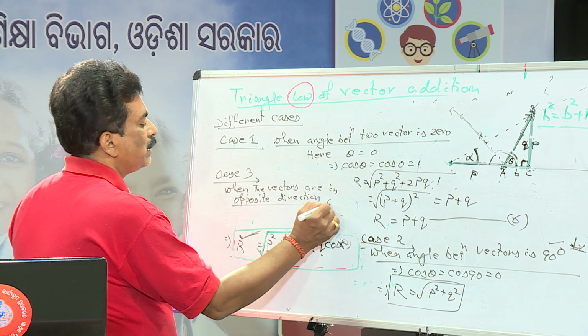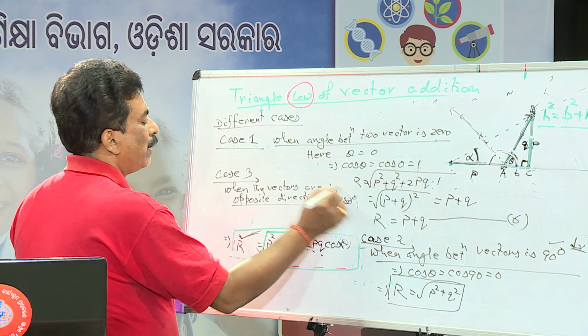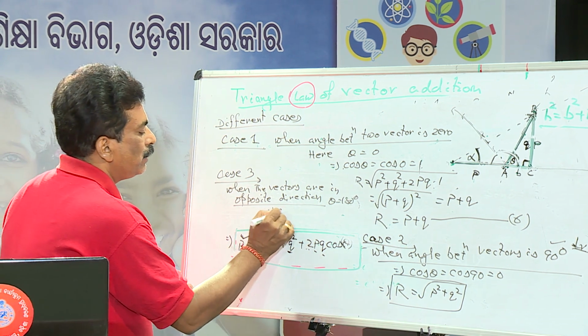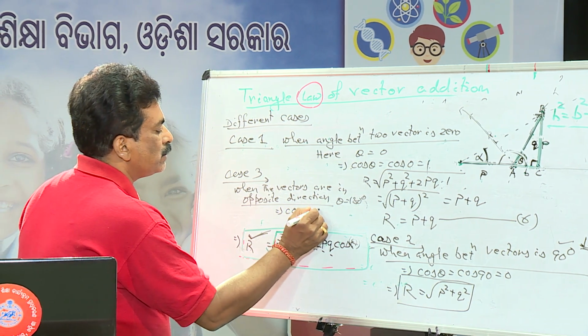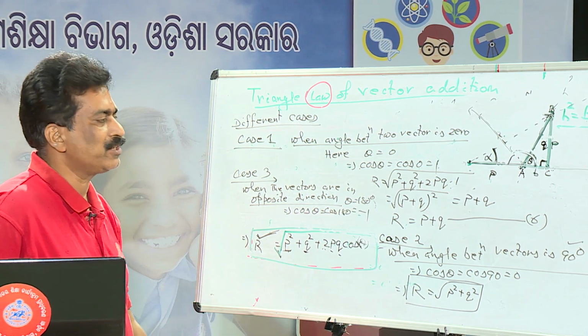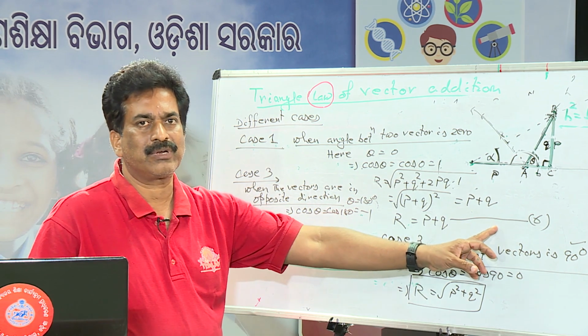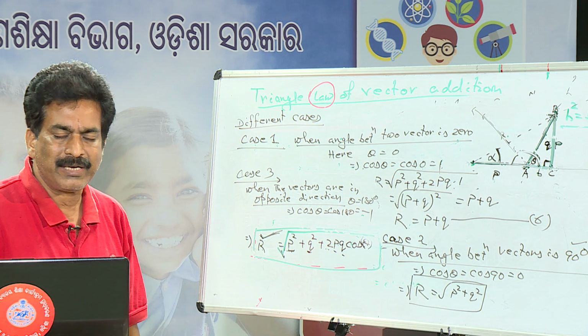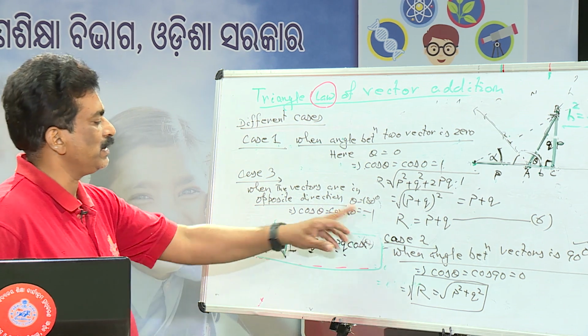Opposite direction means theta is equal to 180 degrees. When theta is equal to 180 degrees, cos theta is equal to cos 180. Cos 180 is how much? Minus 1. As you have seen on the graph, from 90 to 180, cos is negative. So that is equal to minus 1.